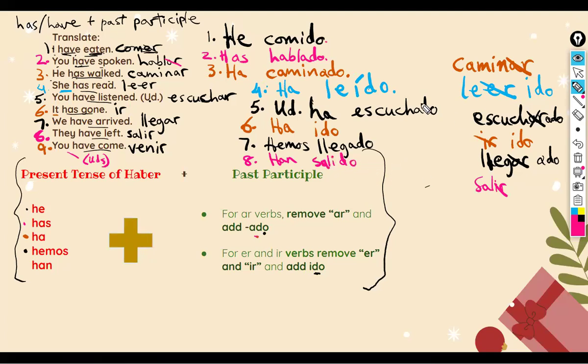Salido. And number 9. All right, so if anyone is still confused, please say. So ustedes now, ustedes, and I don't know why I wrote in ustedes, but I did. So venir, take off the IR, add IDO, venido, and venido, right?